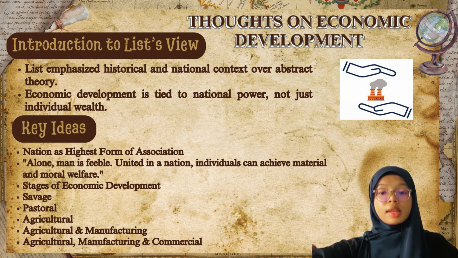He outlined five stages of economic development, beginning with the savage, then pastoral, agricultural, followed by agricultural and manufacturing, and finally agricultural, manufacturing, and commercial. He saw the nation as the highest form of association where individuals, though weak alone, could thrive together. His ideas laid the groundwork for national economic planning in modern states.